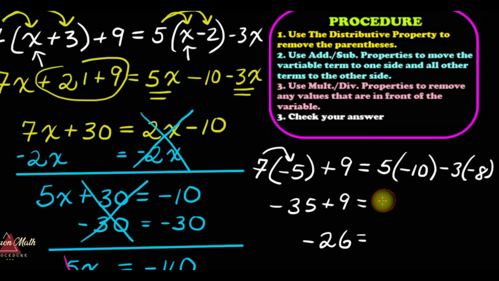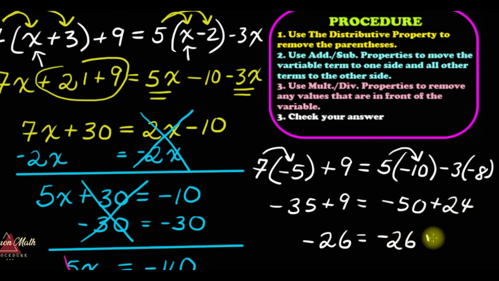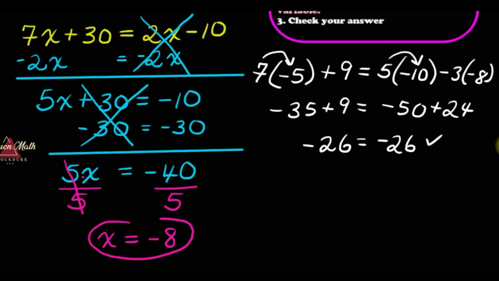So here we have negative 50, because 5 times negative 10 is negative 50, and then plus 24. And that's going to give us negative 26. All right, so that's how you know that your final answer is negative 8, and it's the right answer.